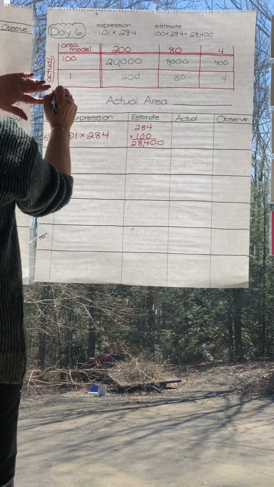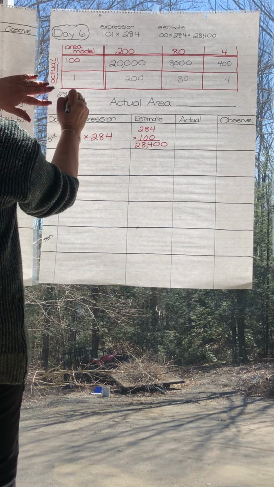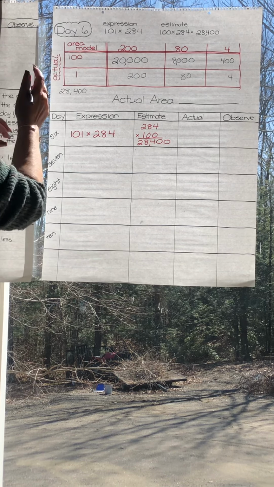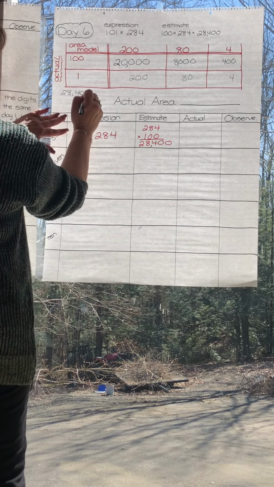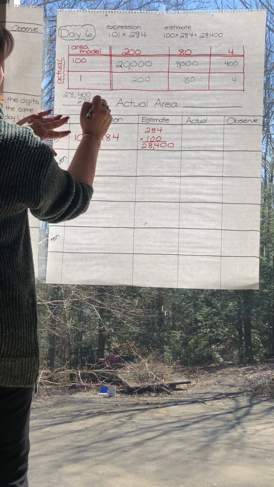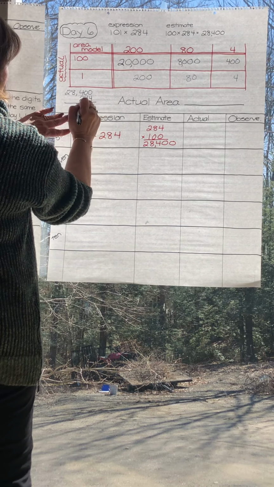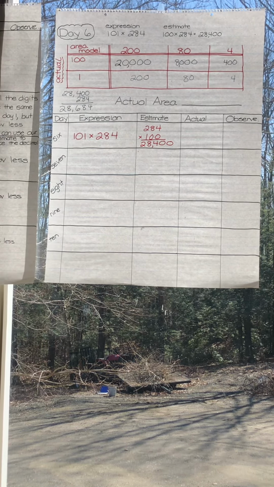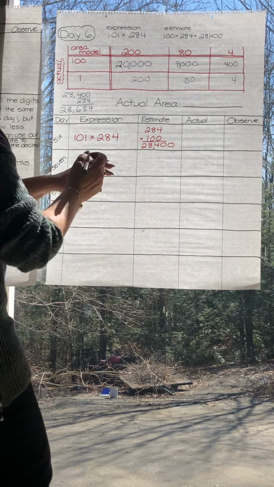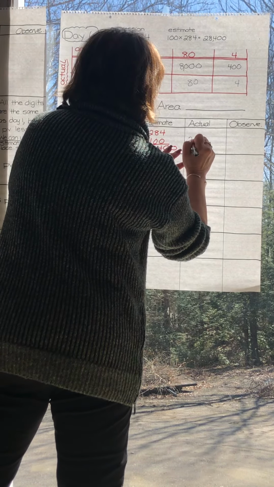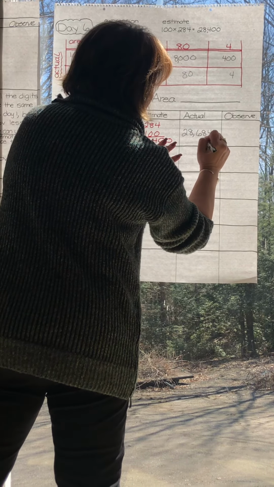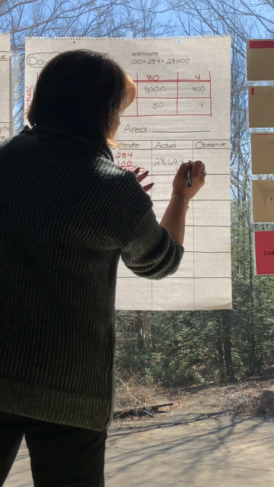So I would have 28,400, and I would add to that 284. And again, for our final product, our actual area, we would get 28,684 square units.